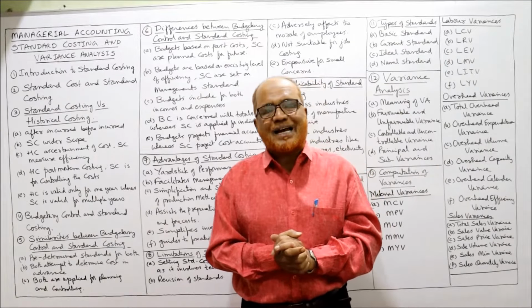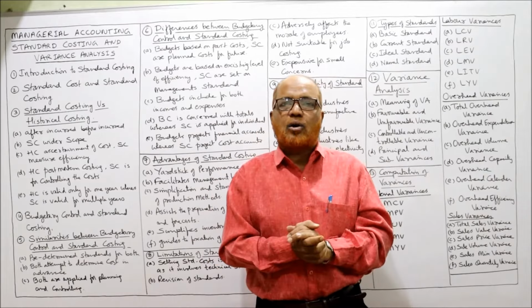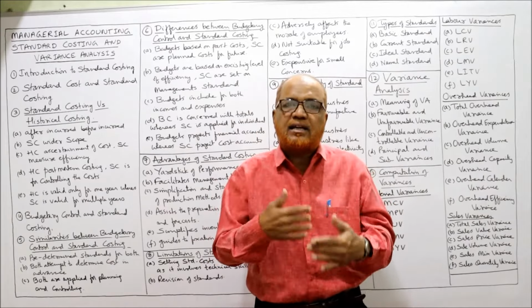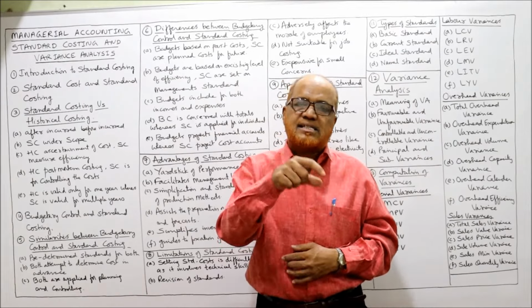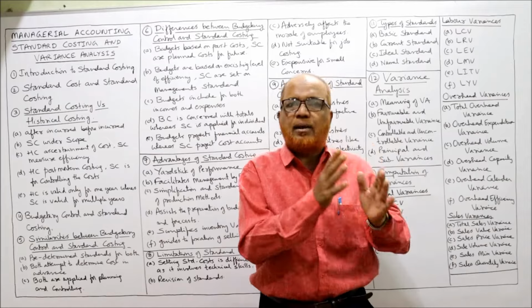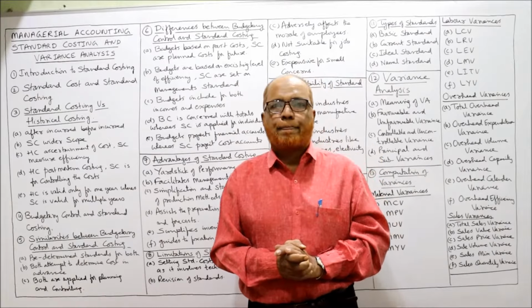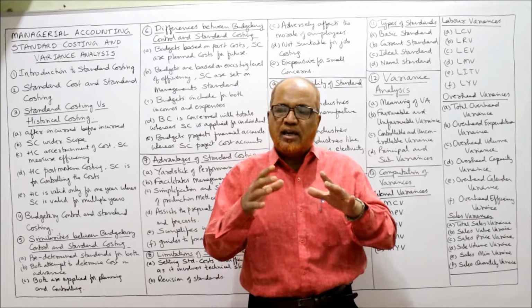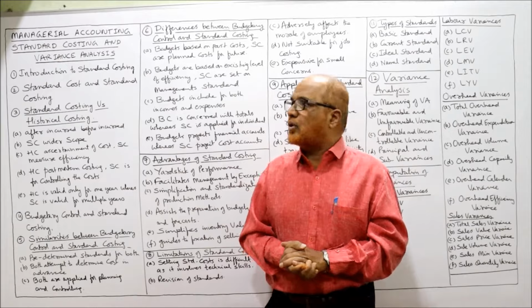When we actually calculate the standard cost, the technique of calculating the standard cost for every element of cost, it is called standard costing. The standard costing includes the calculating of standard cost of every element of cost.